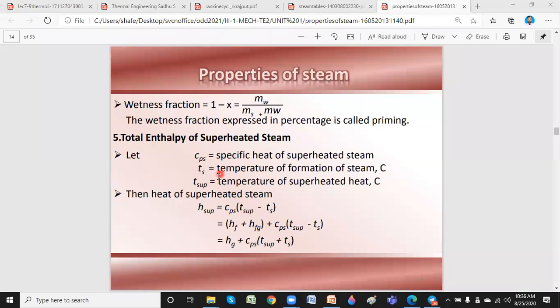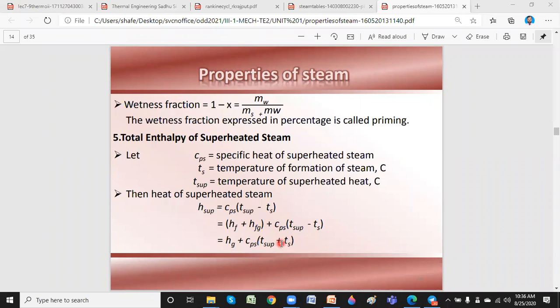In that case, to find the enthalpy of superheated steam, come to the last line, that is Hg. We already know up to Hg is vapor. So Hg I know, plus CPS, which will be given in the problem, say 2.1 kilojoules per kg Kelvin for steam. So specific heat of steam into T superheated minus T saturated.